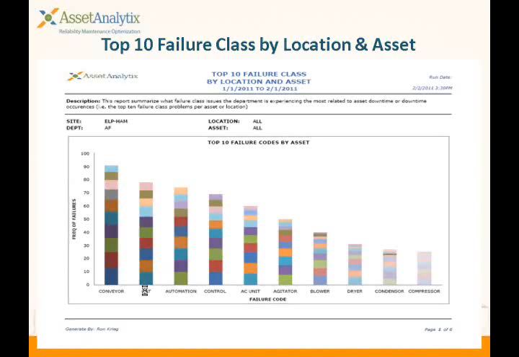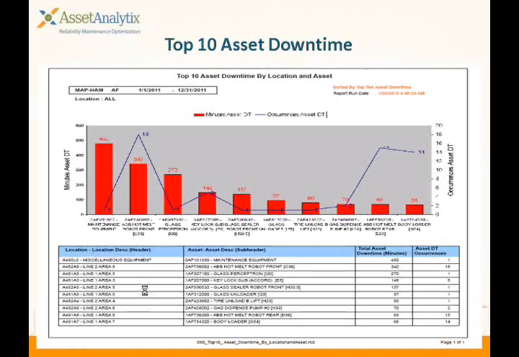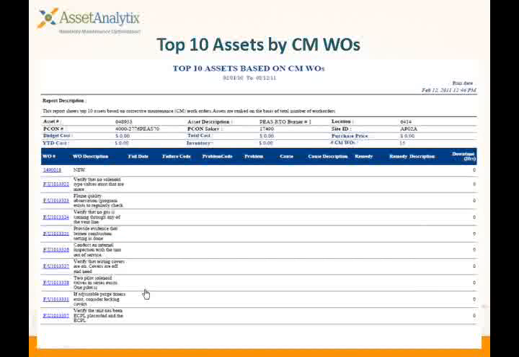You can run this report for different combinations. This is another example. Again, we are trying to identify top 10 assets which have a direct impact on the downtime. And this way, this type of analysis also helps in criticality analysis, as well as helping managers focus on or identify the problem assets.